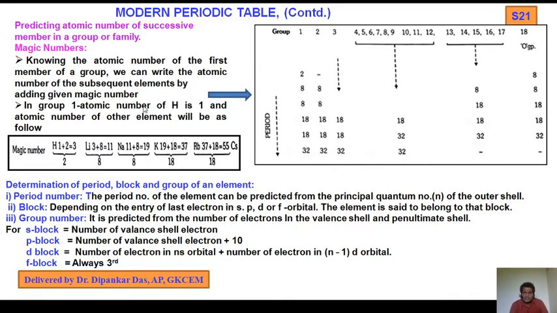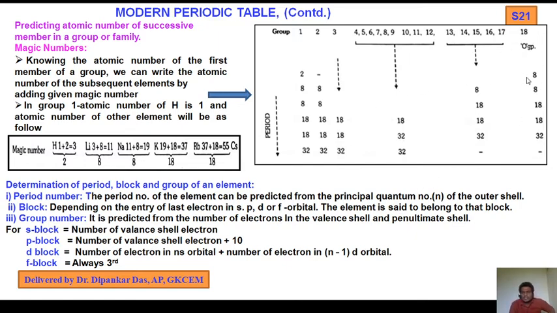So the magic number, if you see here, look at this. This is the group number 1, 2, 3, 4, 5, 6, 7, 8, 9, 10, 11, 12, 13, 14, 15, 16, 17, 18 or zero group. This is the second period, third period, fourth, fifth, sixth, seventh period. What will happen?